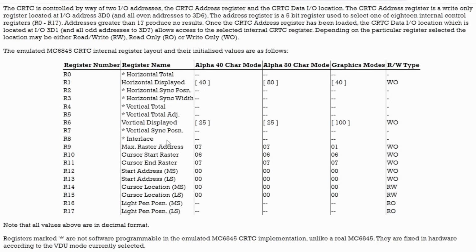Now I should have explained earlier that when you want to change one of these register values, you actually have to do 2 port accesses. The first, which you usually write to port 3D4 on CGA, changes the register number, and the second, which you usually write to port 3D5, selects the value that you want to put in that register.